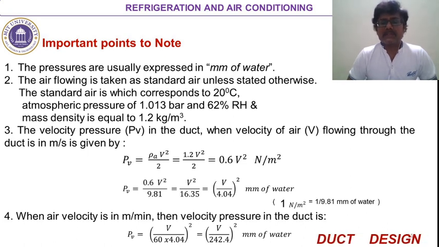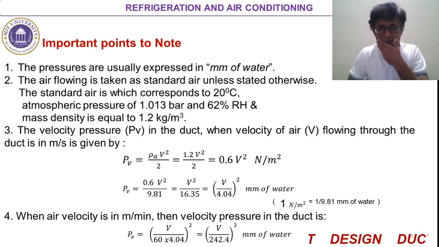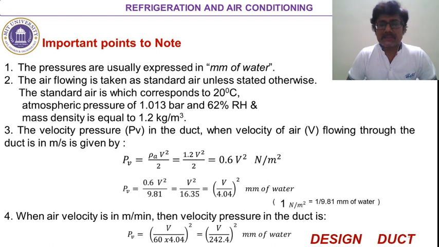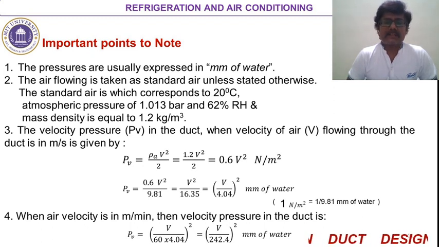We need to convert this into millimeter of water. The conversion is shown on the lower side: 1 Newton per meter square is equal to 1 divided by 9.81 millimeter of water. So further simplification gives the velocity pressure PV equal to 0.6 into V square divided by 9.81.